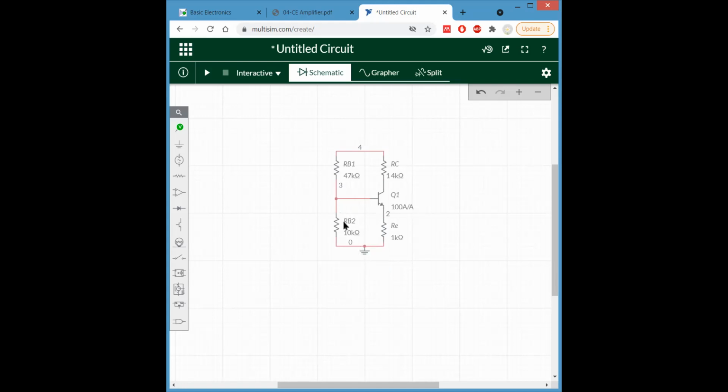So as you can see, we have done with the resistive components along with the transistor. We have connected RB1, RB2, that is basically the voltage divider bias we have given. This is for biasing the base, and this is connected to the collector.